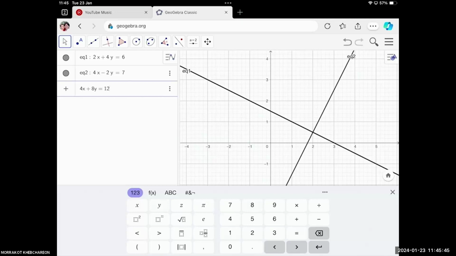What does this mean? You can see the two equations; the solution is the intersection point.